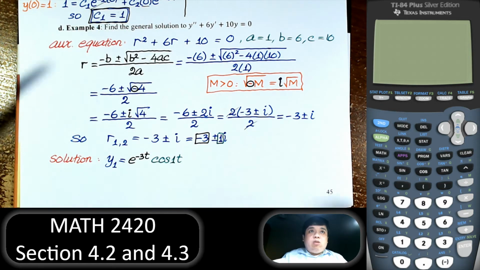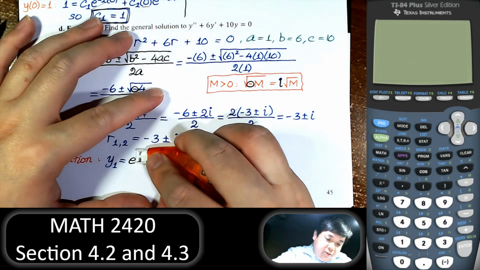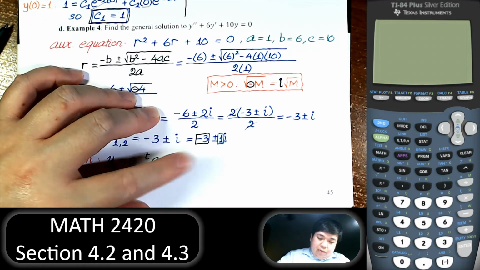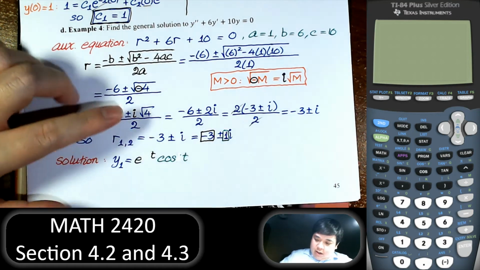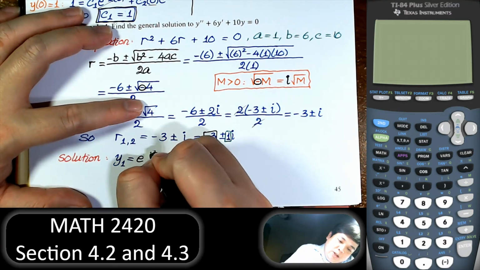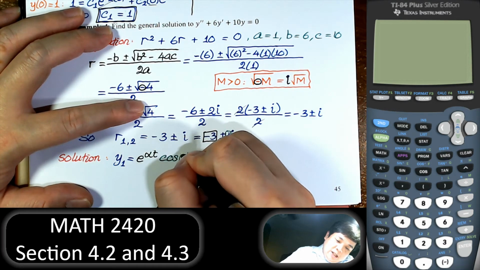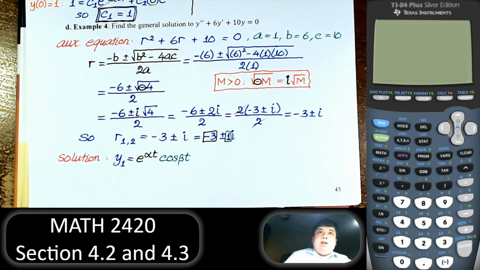In fact, let's write it in the general form first: e to alpha t and cosine beta t.